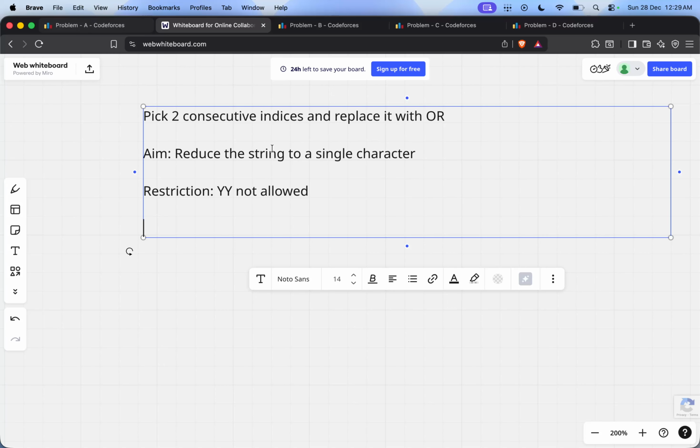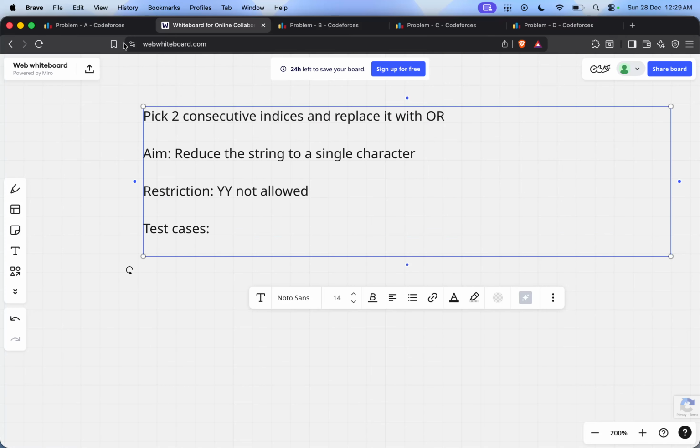So let's start with the analysis of test cases. What are the test cases given to us? The first test case is Y comma Y. We are restricted from picking up Y comma Y, and that is the only substring present. So we can never pick up this particular substring, that is, no operation can be applied.